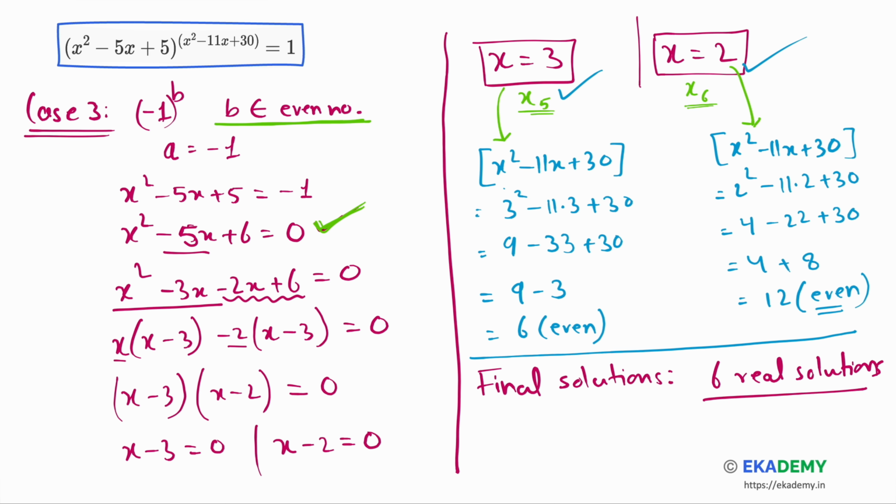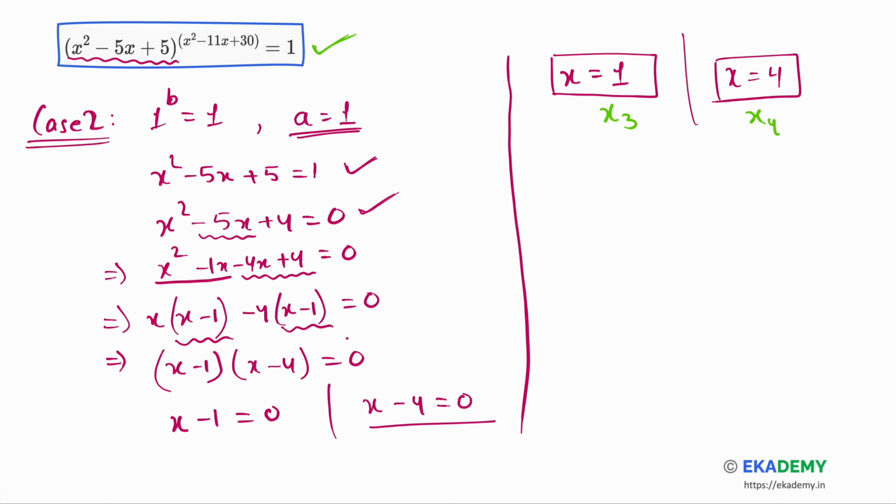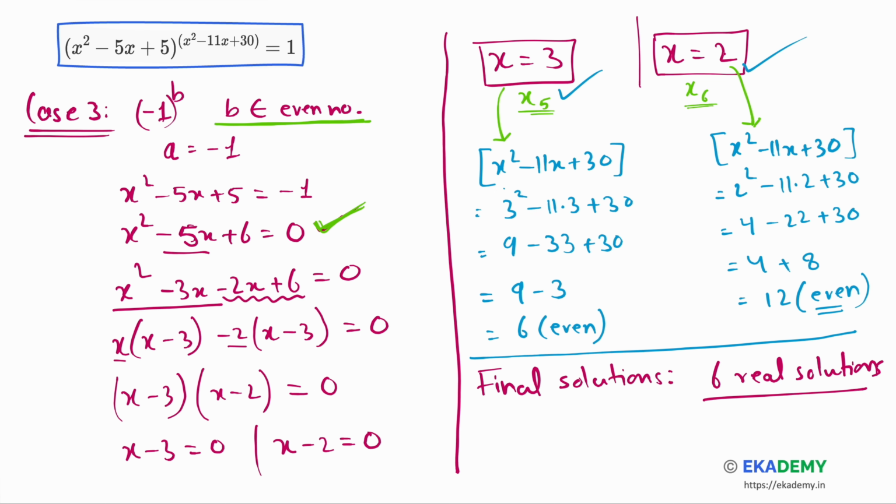Let me recheck. So we have 5, 6, then 1, 4, and 3, 2. So these solutions are 5, 6, 1, 4, 3, 2.